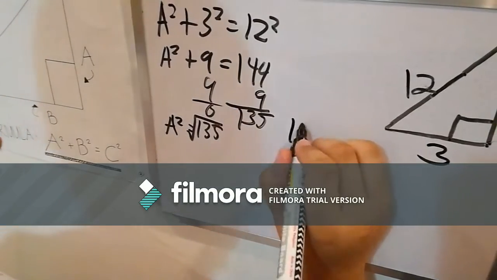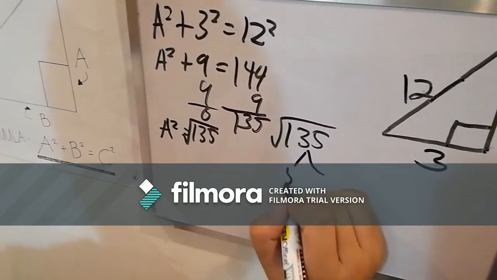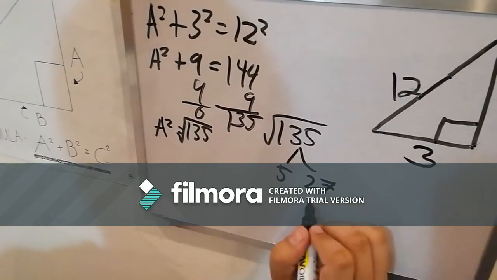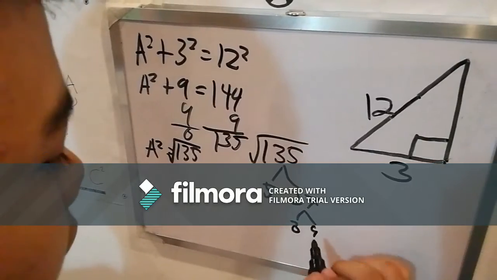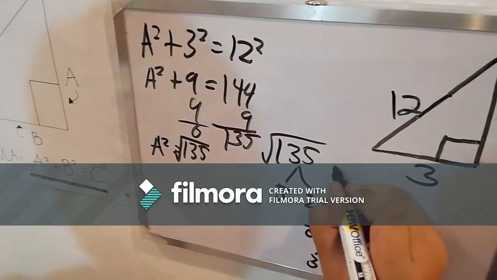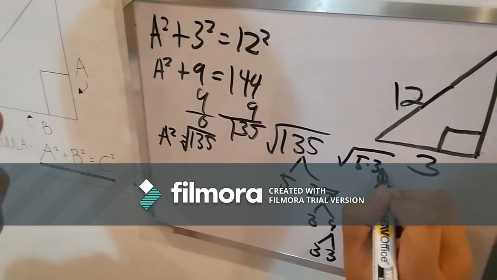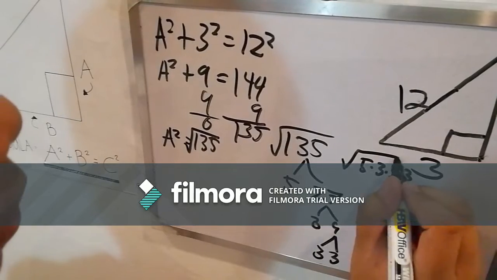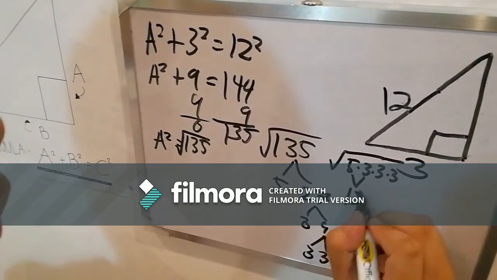Then we break down 135, which is 5 and 27. 27 can be broken down into 3 and 9. 9 can be broken down into 3 and 3. Then we write it down here, which is 5 times 3 times 3 times 3. Then we multiply 5 and 3, which is 15.